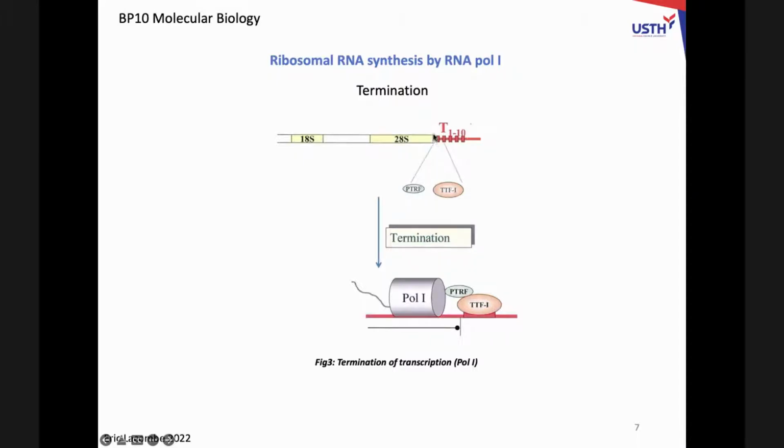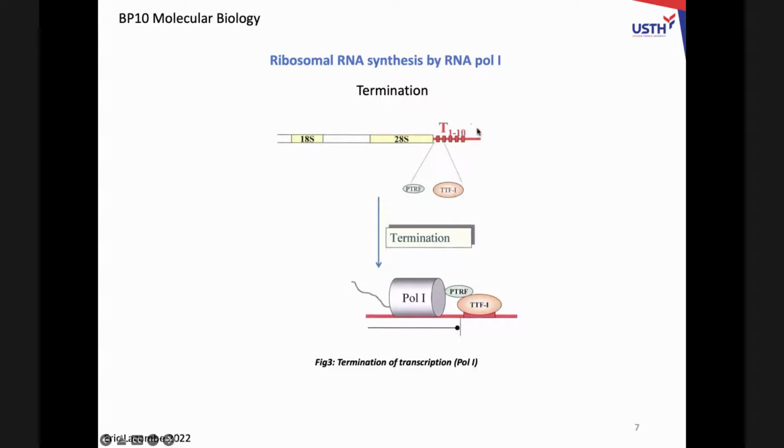And if you go on after the end of the 28S, there is a sequence in the genes. In the DNA, there are sequences that are repeated from 1 to 10 times, depending on the repetition. Take care, because this is completely different for Pol 2.